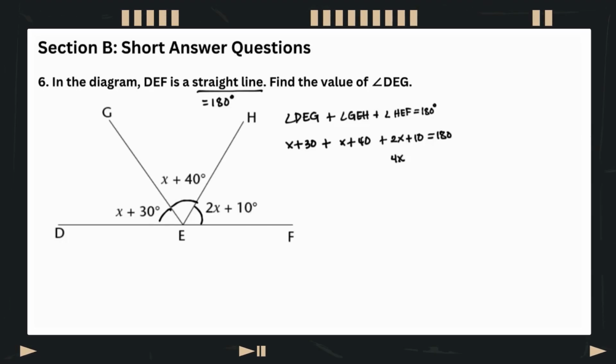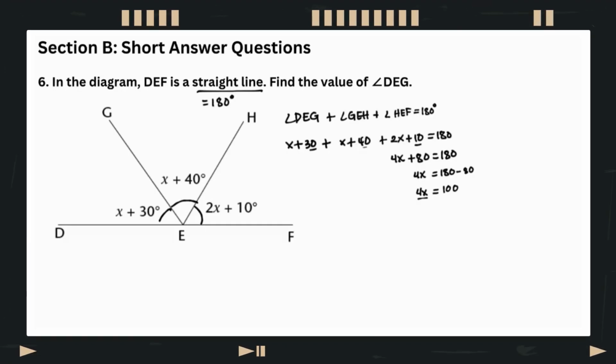Now 30 plus 40 plus 10 is equal to 80. So plus 80 is equal to 180. Move 80 to the other side of the equation. We'll get 4x is equal to 180 minus 80. And that gives us 4x is equal to 100.